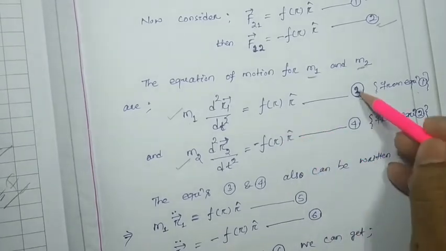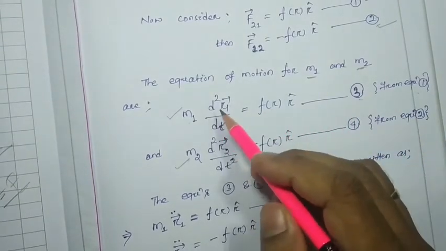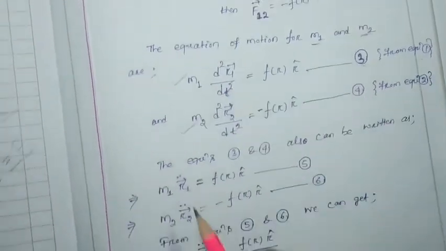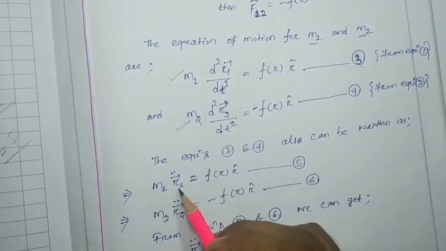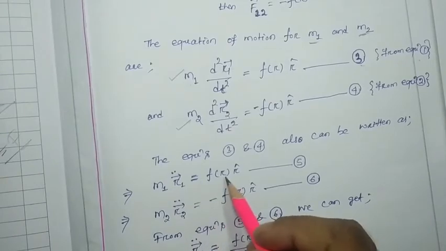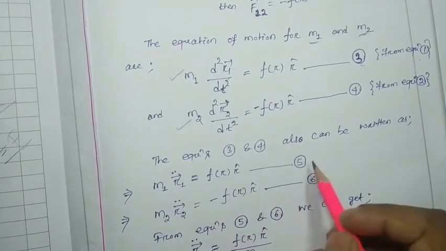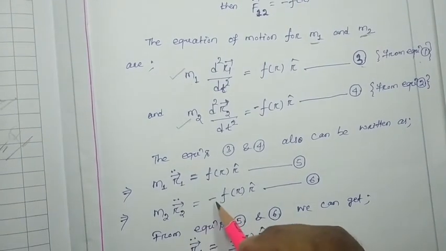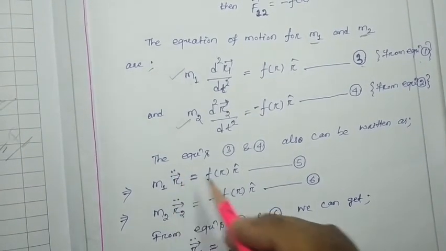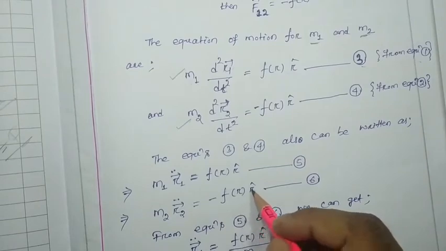So equations 3 and 4 are the equations of motion of m1 and m2 respectively. Now equations 3 and 4 can also be written in the form m1 r1 double dot equals F of r cap, m2 r2 double dot equals minus F of r cap.